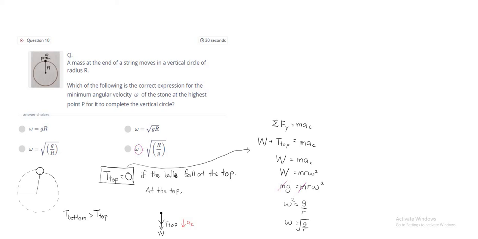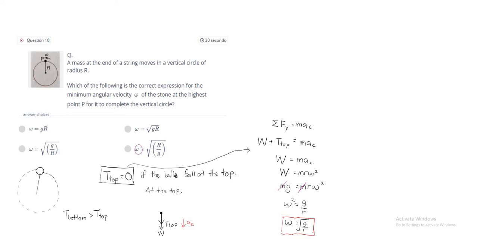So omega equals square root of g over r. This is the expression that they are asking for, and by using Newton's second law, we slowly manipulate until we reach the equation that they are asking for.